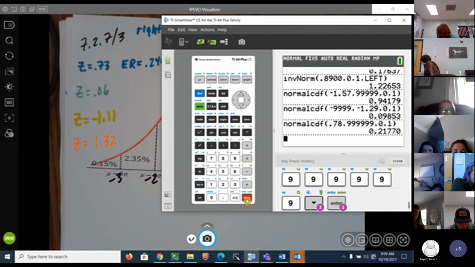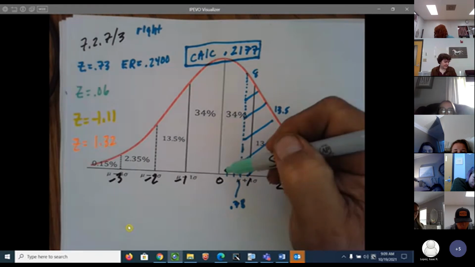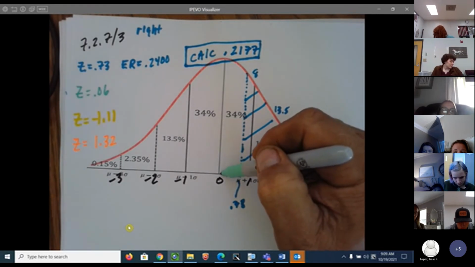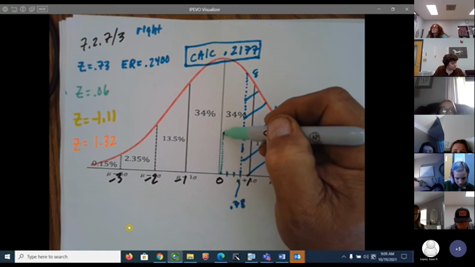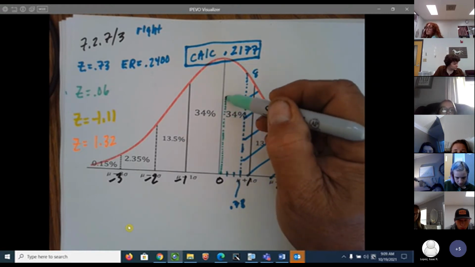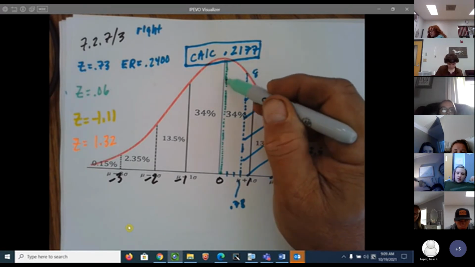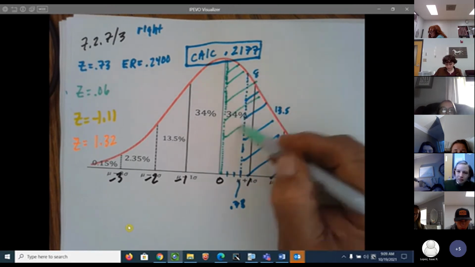0.06 in green. Well, 0.06, that's 0.25. 0.06 is going to be right there. So somebody tell me, to the right, what the empirical rule says.